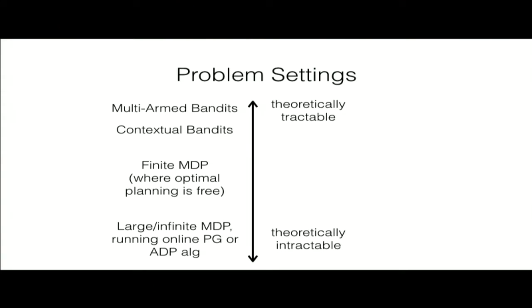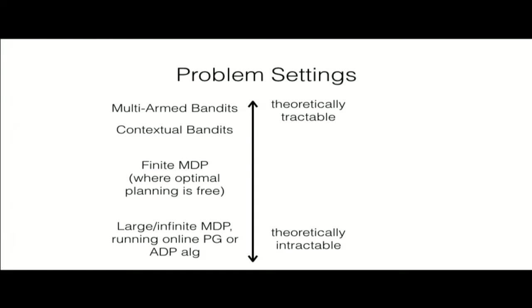So on the theoretical end, we have the multi-arm bandit problem, where there's a very nice theory that says what's optimal, and you prove lower and upper bounds on everything, and you show that your algorithm is optimal. So that exists in the bandit setting.